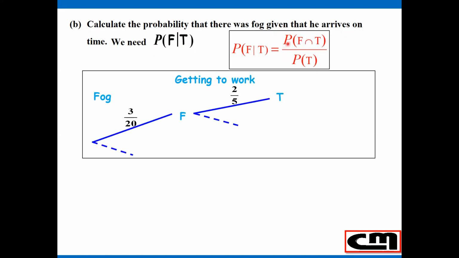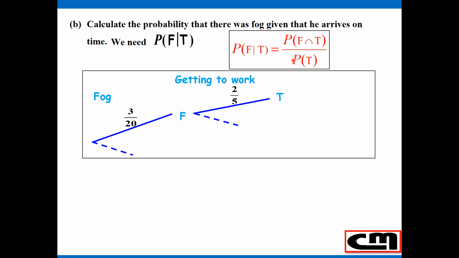You need also to note that this is a probability. Remember, the fraction of the conditional probability is constituted: the numerator is a probability, the denominator is a probability. Now, to calculate this probability, F intersection T, this is the situation, F and T. That is F intersection T, right?